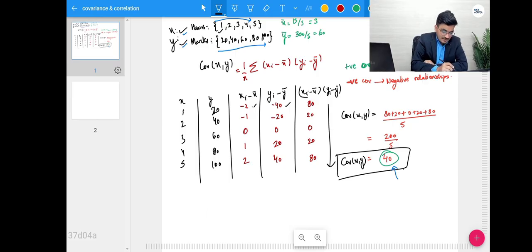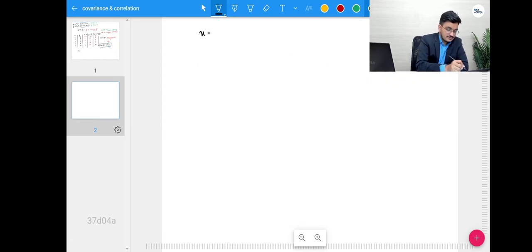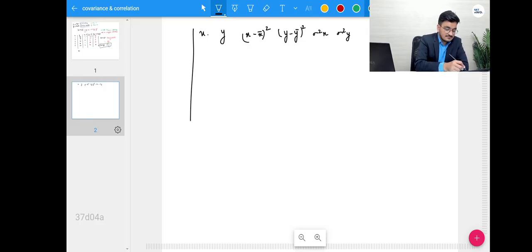So xi, let's have it in a different page. Our x is this, y is this. X minus x bar square will require y minus y bar square as well. And we need sigma square x, sigma square of y. Let's calculate these.